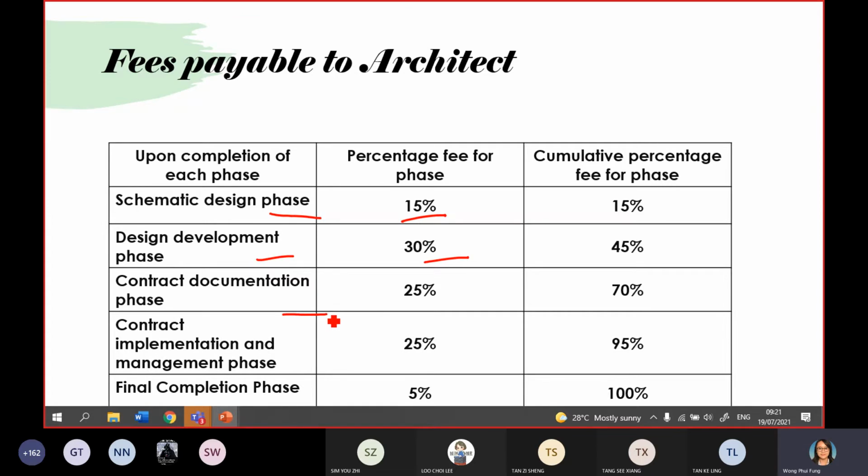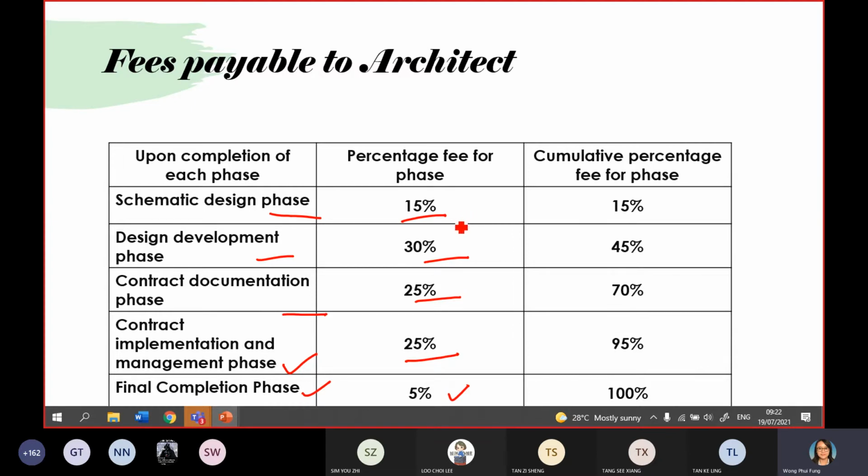After the contract is settled, 25%. During the construction stage, another 25%. At the end of the day, you pay 5%. So we won't pay the fee in one shot at the beginning. We pay the professional fee to the consultant stage by stage.